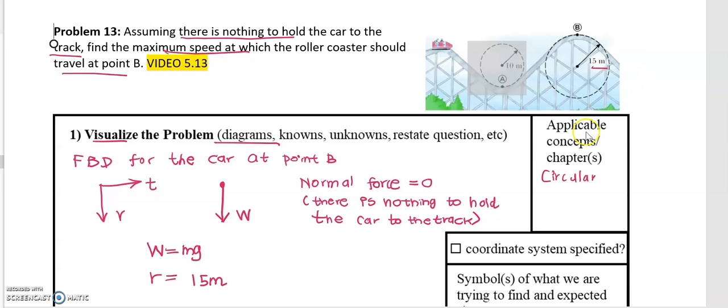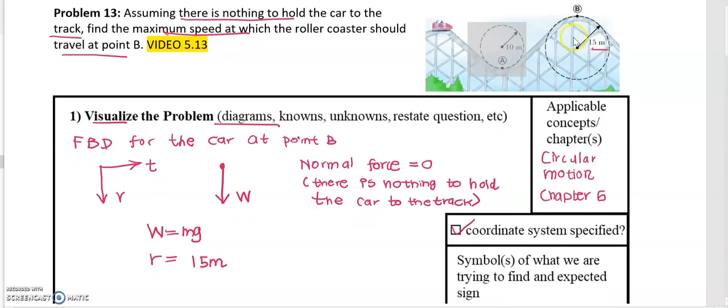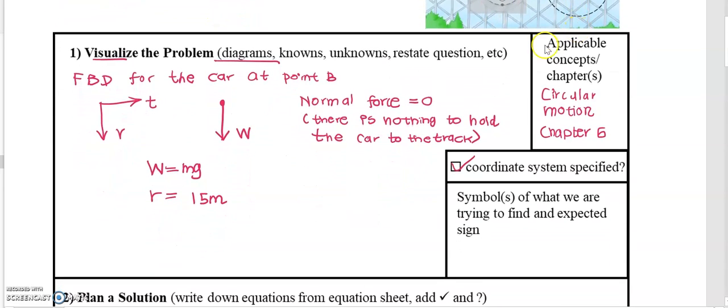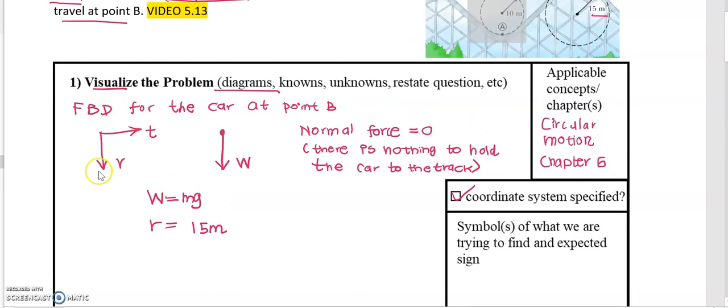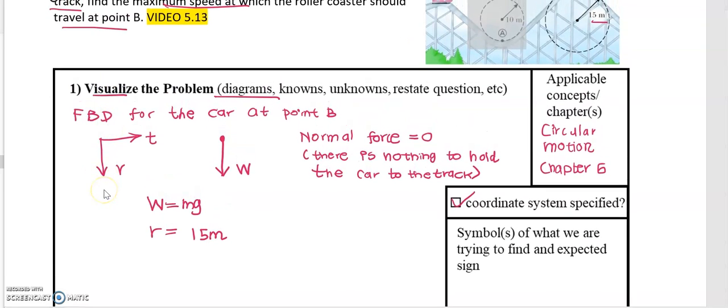And applicable concepts. So this is chapter 6, circular motion. And have we specified the coordinates? Yes. Now we have specified the coordinates. Tangential direction, it is tangent to the circle at point B, and then radial direction towards the center of the circle.